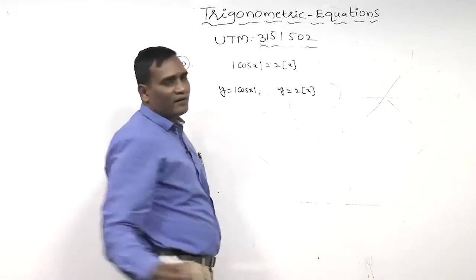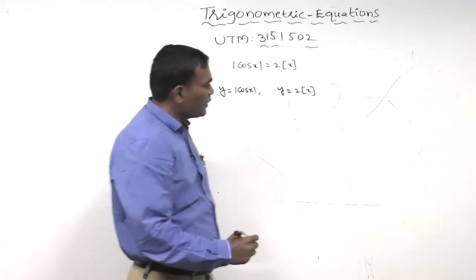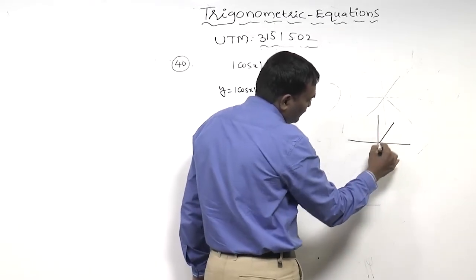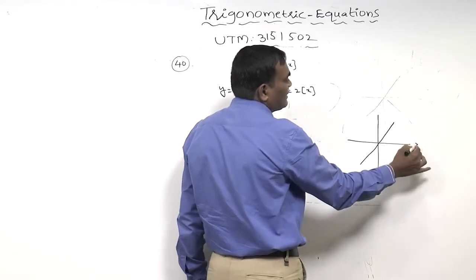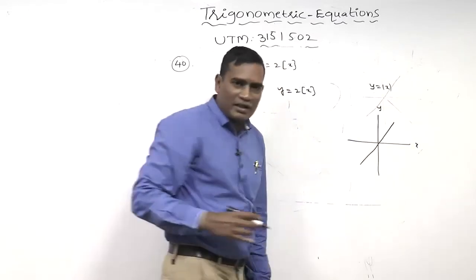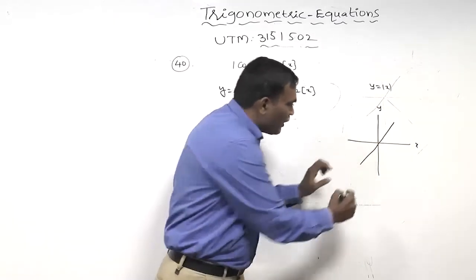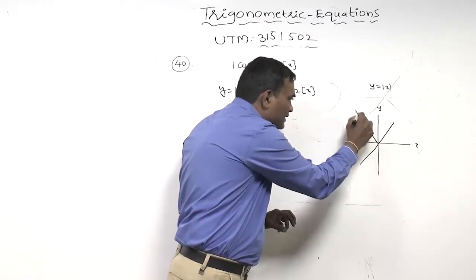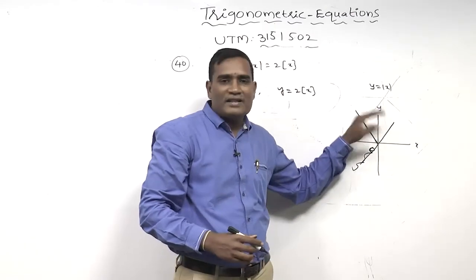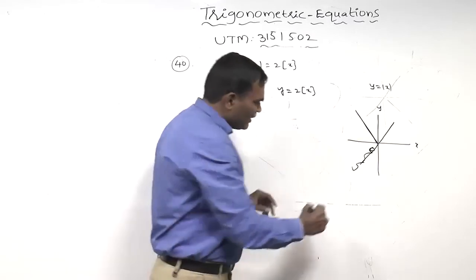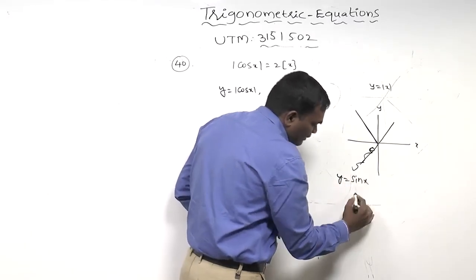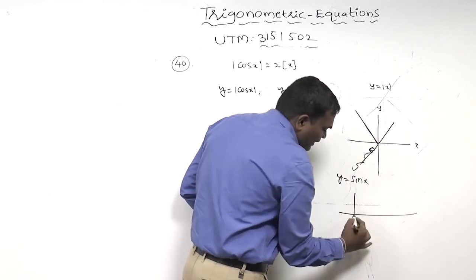How to draw the graph of modulus? Suppose you take y is equal to x, this is the y is equal to x graph, with x axis and y axis. I want y is equal to modulus of x. Means you take the image of this part in the x axis and remove the other one. This is called y is equal to modulus of x. Likewise, take y is equal to sin x.